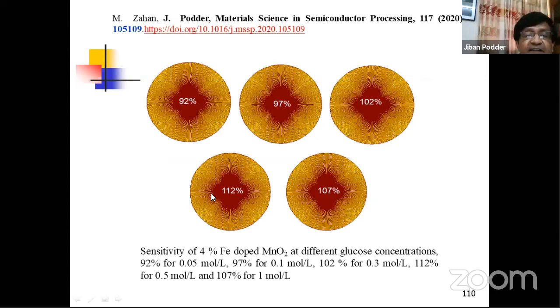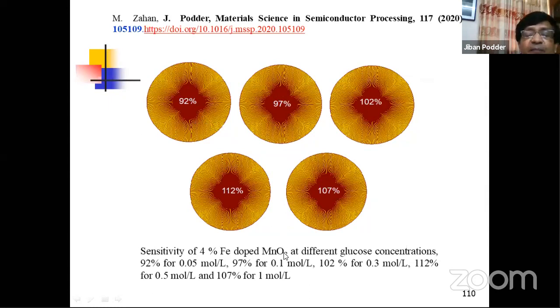Here you see the cross-sectional views, maybe due to the oxidation of glucose. The dark red shows the sensitivity of the 4% iron doped manganese oxide at different glucose concentrations.